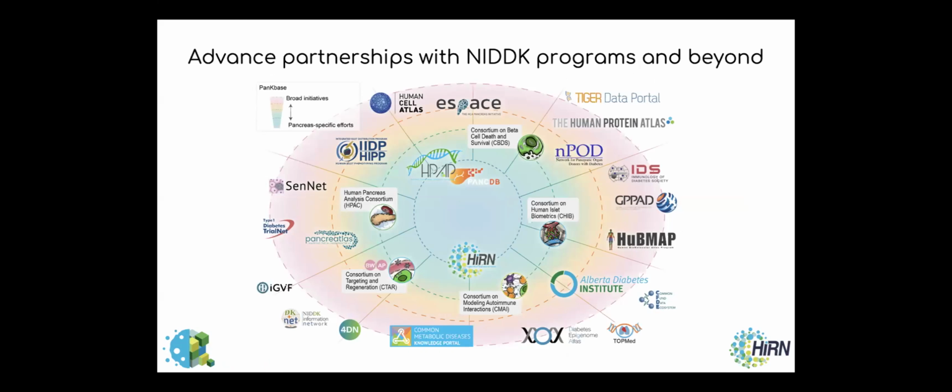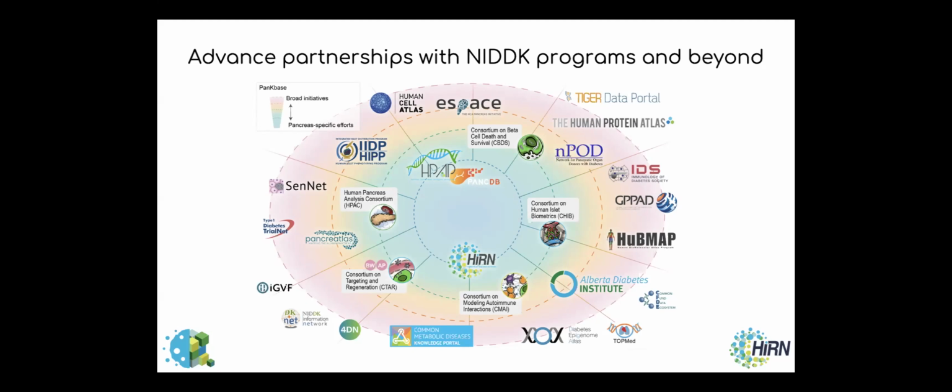This cannot happen in isolation. We are very fortunate to have a number of partners in this large data ecosystem that Anna described early on. We are building partnerships with a human pancreas analysis program that is nested also within the HIRN Human Islet Research Network, and also programs such as Integrated Islet Distribution Program, Network for Pancreatic Organ Donors with Diabetes, and Alberta Diabetes Institute.